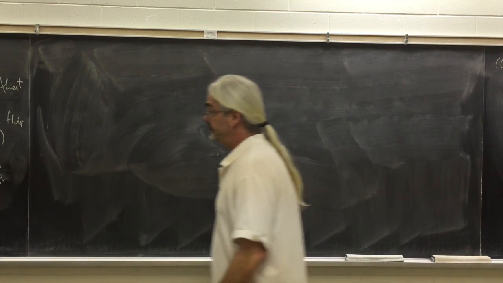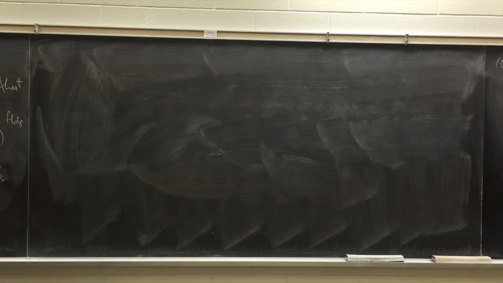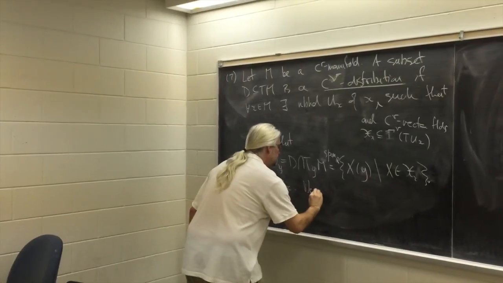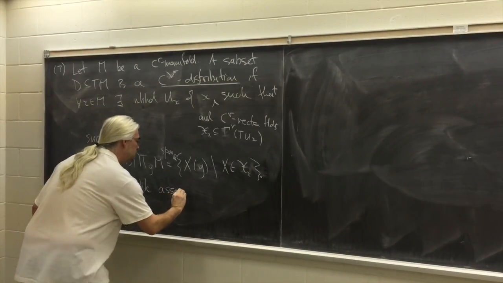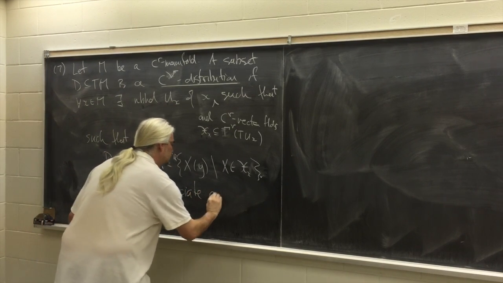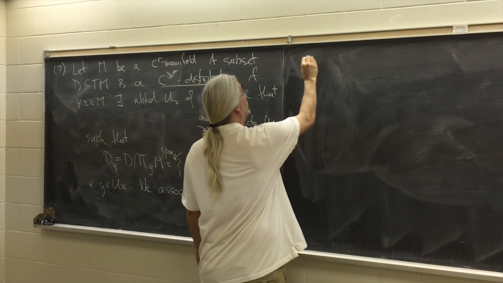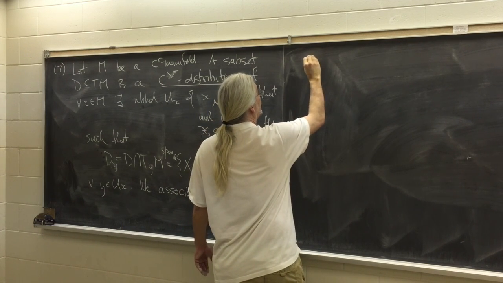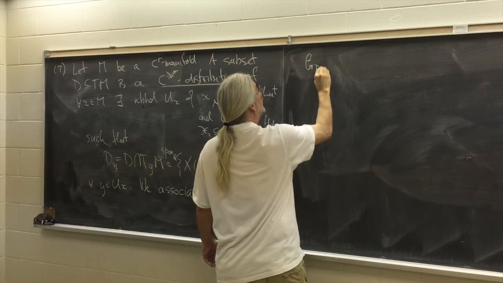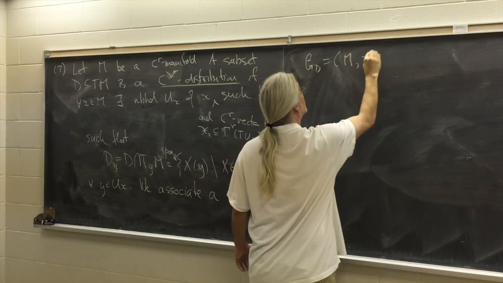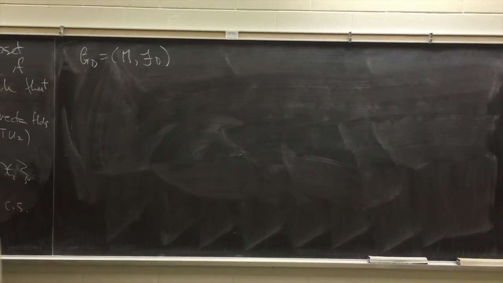All right. Now, corresponding to this, we associate a tautological control system. Okay, so I need, of course, to tell you what the presheaf F sub D is.